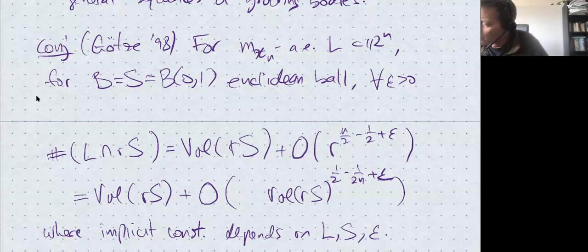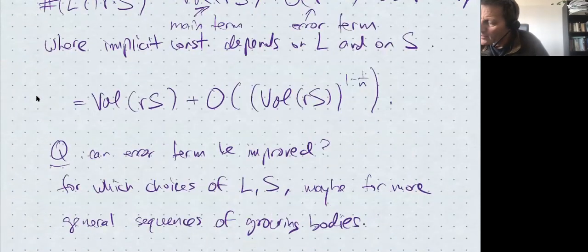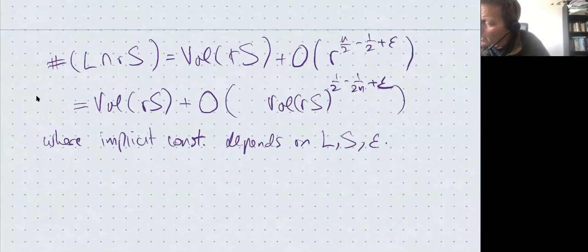Let's compare the conjecture to what we already know. So we know 1 minus 1 over n. This is called the power savings. The main term has power 1, and then in the error there's a power savings. From easy principles we get 1 minus 1 over n, and we know this for every lattice and for every growing convex set S. The conjecture for the Euclidean ball gives a much better power saving, 1/2 minus 1 over 2n.